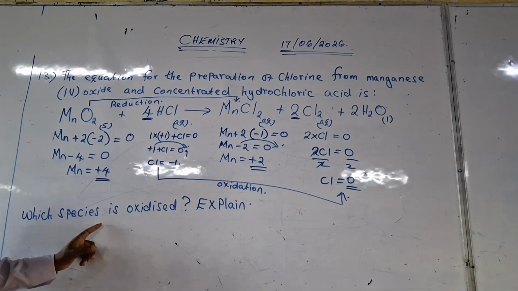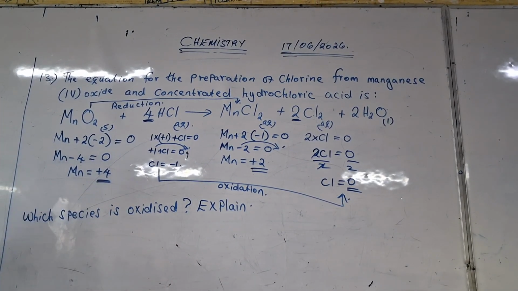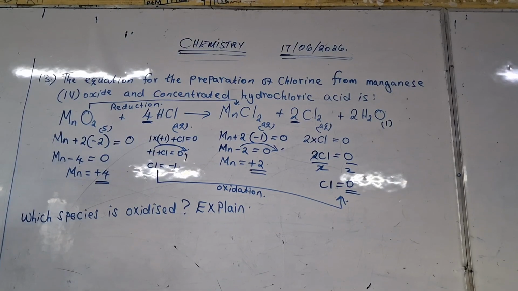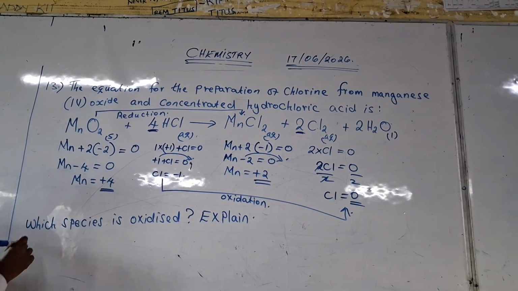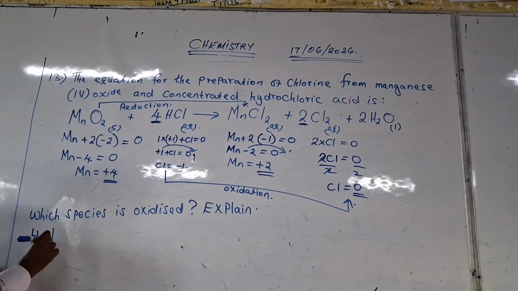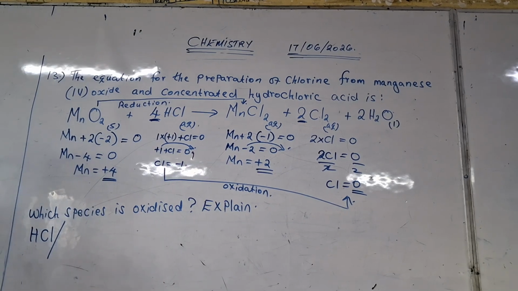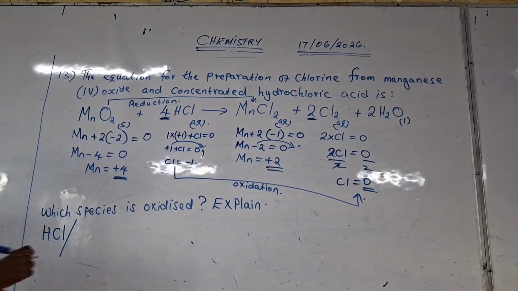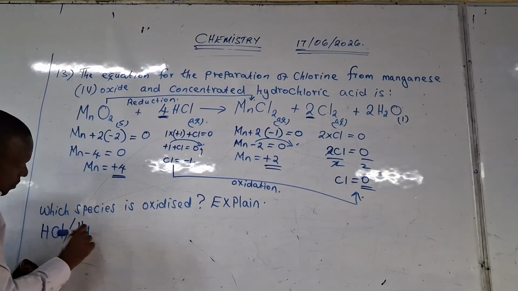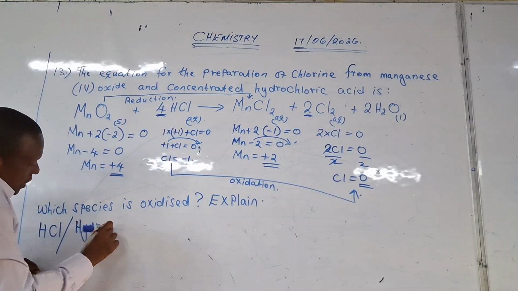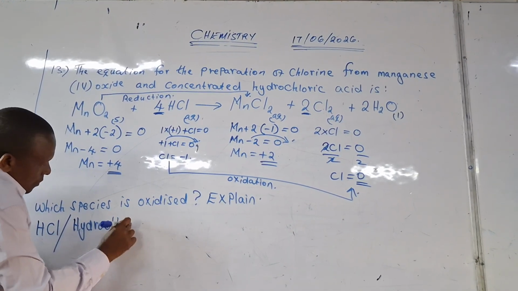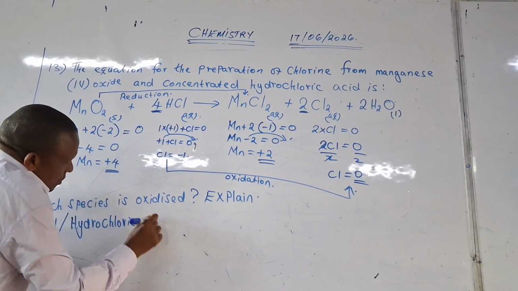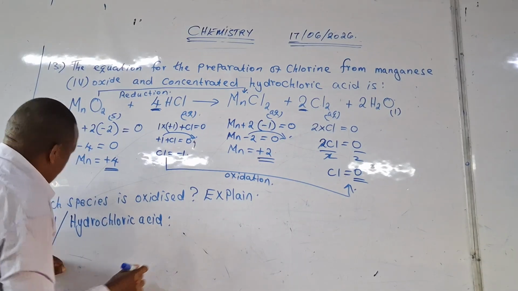So which species is oxidized? You say what? Hydrochloric acid. So you write HCl, or you can write the name in full. What is the name? Hydrochloric acid.